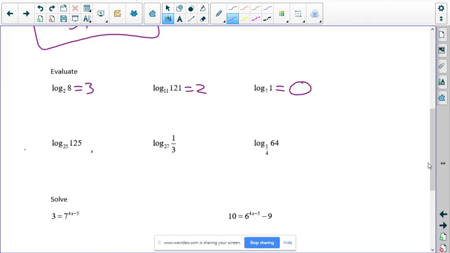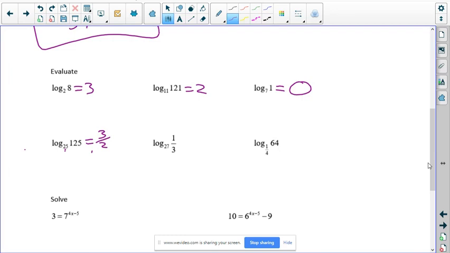Likewise, over here, you have log base 25 of 125. We have to find what power you can put on 25 to get to 125. They both have bases of 5. Square rooting 25 gets us to 5, and cubing that 5 gets us to 125, so you get 3 halves.